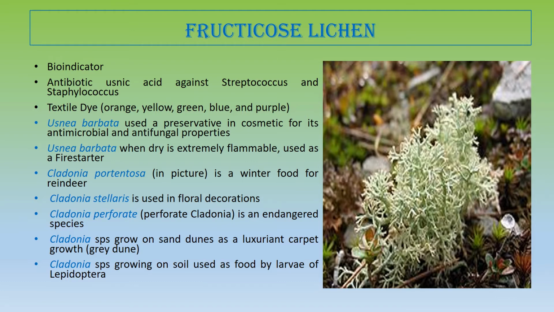This fruticose lichen also produces various types of antibiotic compounds that are used against streptococcus and staphylococcus bacteria. Also, fruticose lichen is used for producing dyes like orange, yellow, green, blue and purple. This can also be used as a good fire starter.